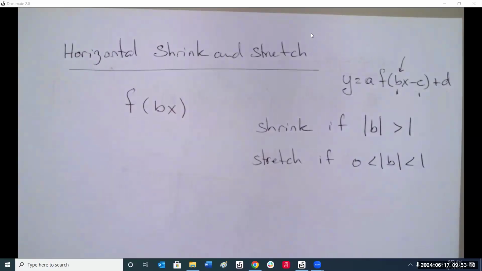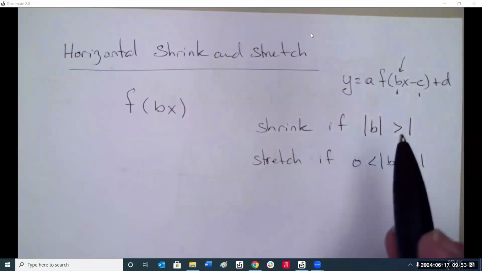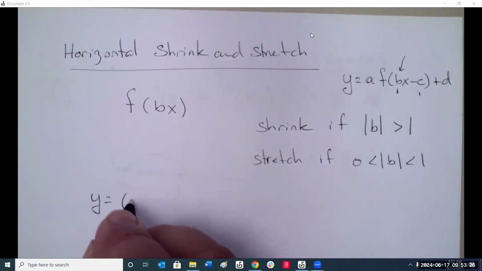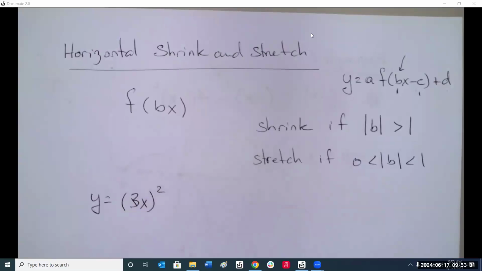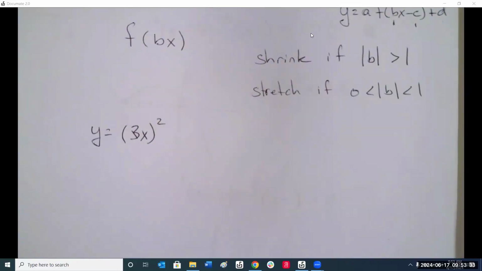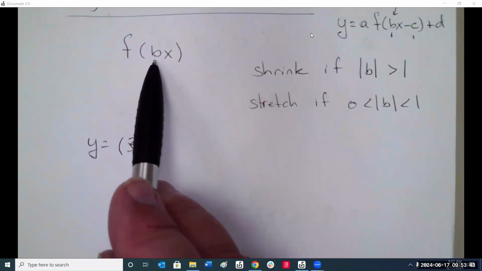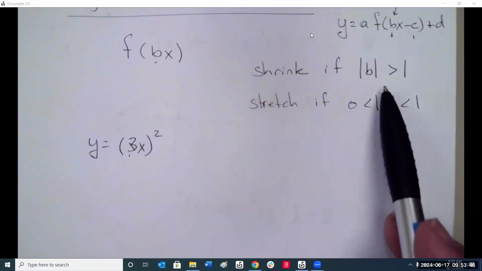Remember, whatever happens inside the parenthesis is always opposite. If it's x plus 3, we move to the left 3. Same thing here. If we had a function that looked like this, so whatever number is in front of x, that's your b.